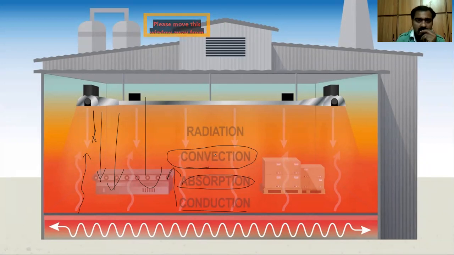So let us see how this radiant heating method is used in domestic appliances. The best example is heaters. If you have heaters in your house and you switch them on, you feel the heat of the heater. Heaters are used in seasons like winter and rainy seasons, because the atmospheric temperature is very cool.